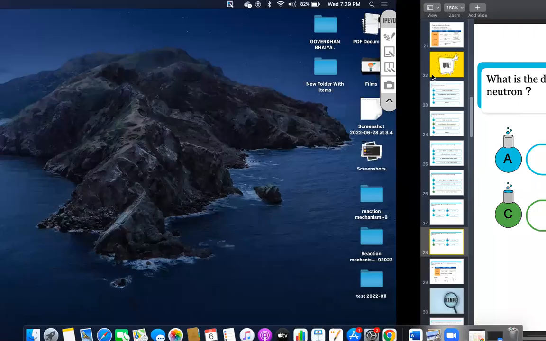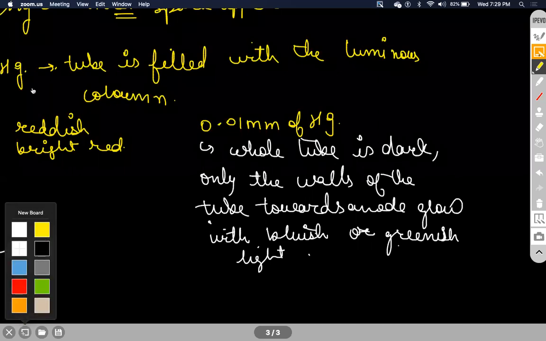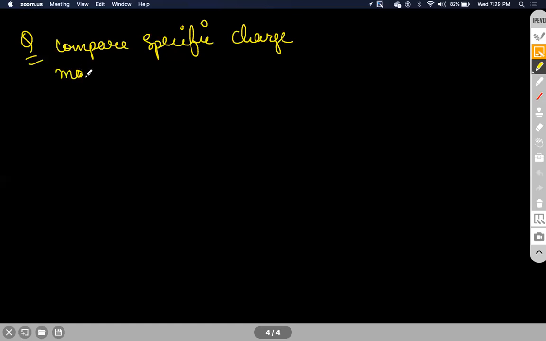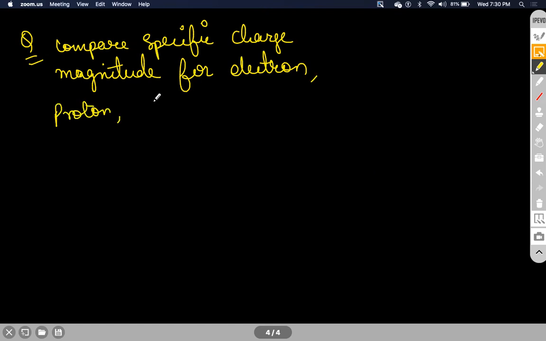You need to write this question: compare specific charge magnitude for electron, proton, alpha particle and neutron.